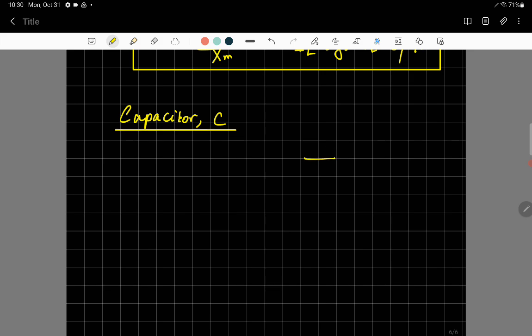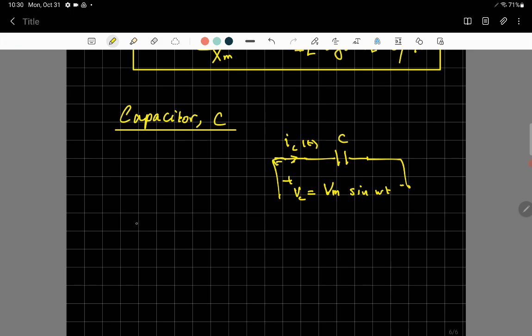If you have a capacitor C and the voltage across the capacitor v equal to V maximum sine omega t, and the current flowing in the capacitor is equal i C. So what is the relationship between the voltage and the current, and what is the impedance of the capacitor? We'll follow the same procedure that we did with the inductor. So that would be like revising what we did with the inductor.